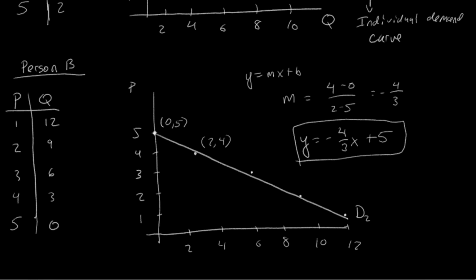Now we have two people in the market. You might be asking, how do we find the demand curve for the whole market, not just two individual people? It's really quite easy.